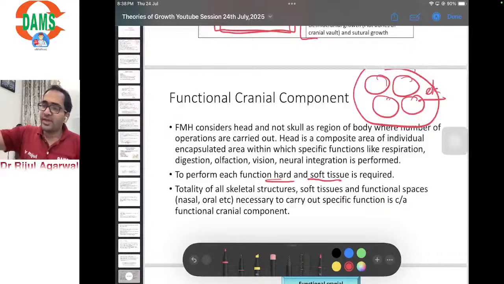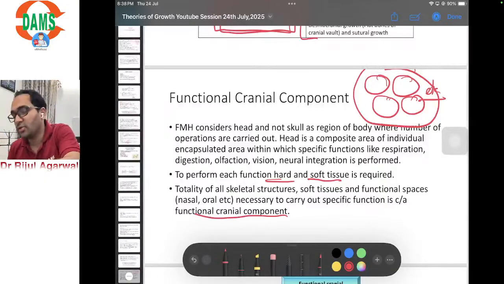So basic integration is occurring in the head, of the hard and soft tissue for carrying out each specific function. The totality of all the hard and soft tissue for each specific function is known as the functional cranial component.